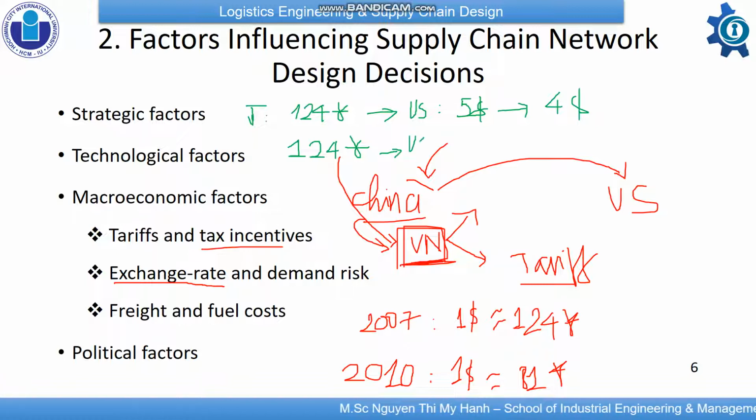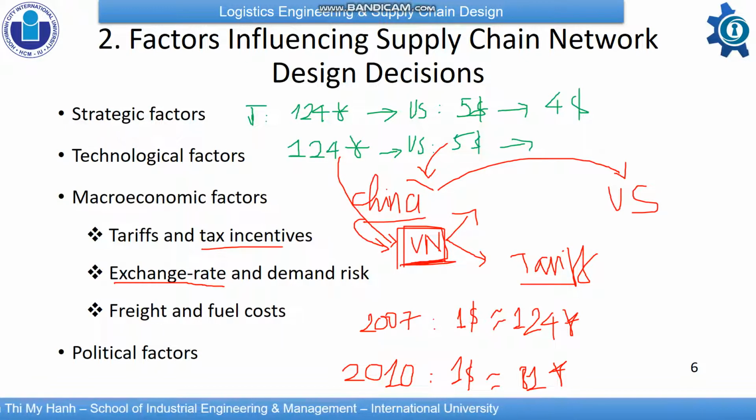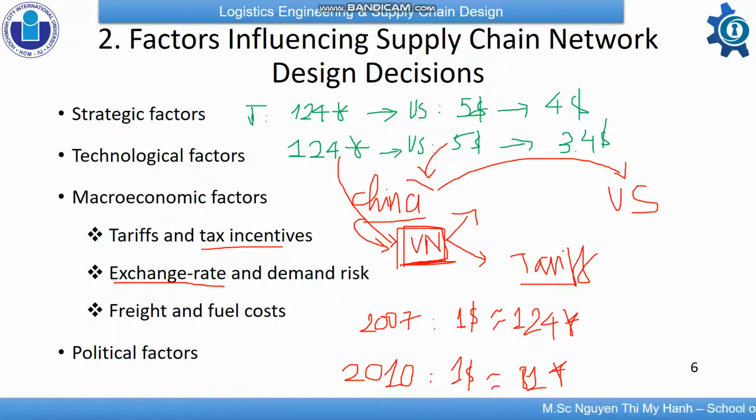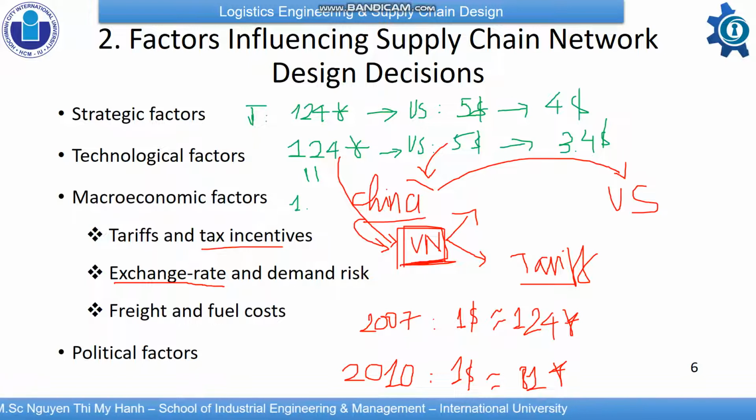So in the US I also sell at the price of $5, but the profit I earn is only $3.4, because at this time 124 yen is equal to around 1.53 USD.